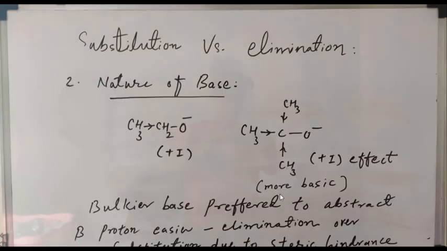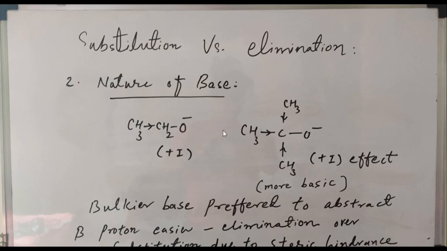Second, the type of base, or the nature of the base. The bulkier or larger the base, due to the steric hindrance, it is more likely to undergo the elimination reaction over the substitution reaction. Here you have two bases, one is ethoxide and the other is tertiary butoxide.